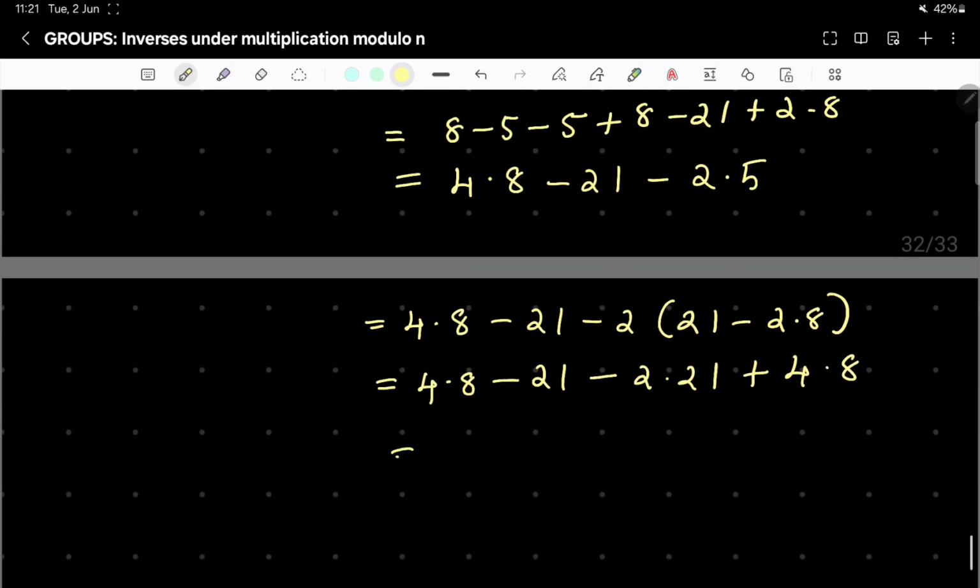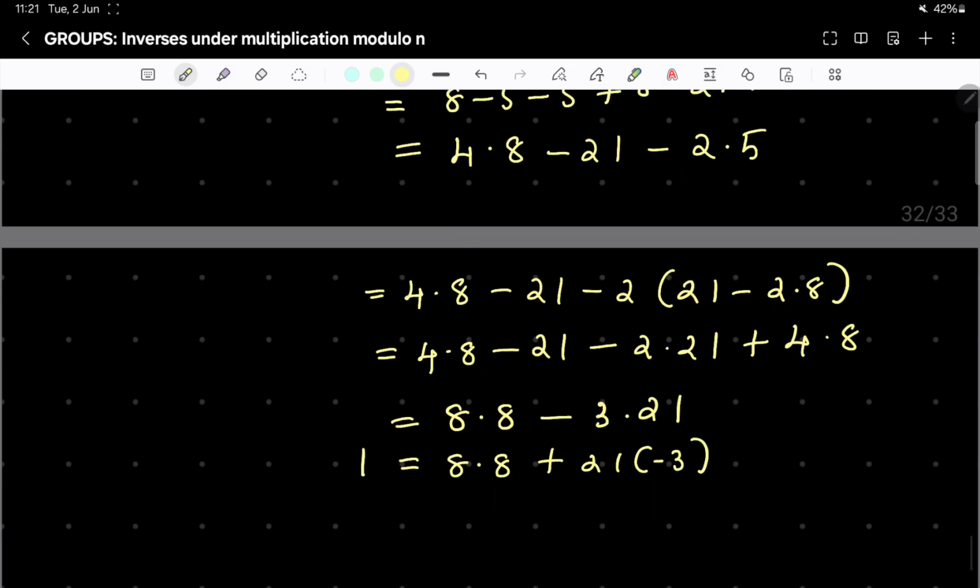So totally then what you get is, how many 8 are there? There are 8 into 8, right? Minus 3 into 21. So now you write everything in terms of 1.